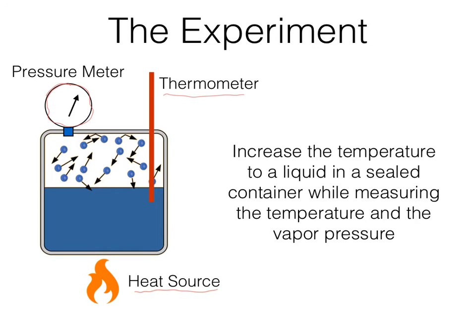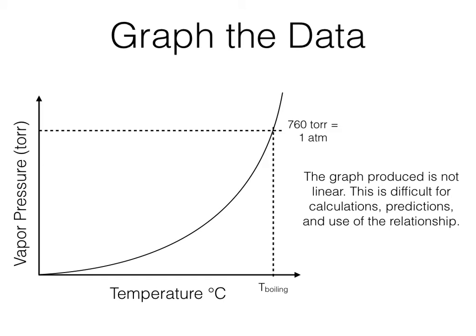Okay? And when we run this experiment, we get a set of data that is not linear. We have vapor pressure on the y-axis, we graph temperature on the x-axis, and we get this exponential style curve that is the relationship between the temperature of the solution and its vapor pressure.